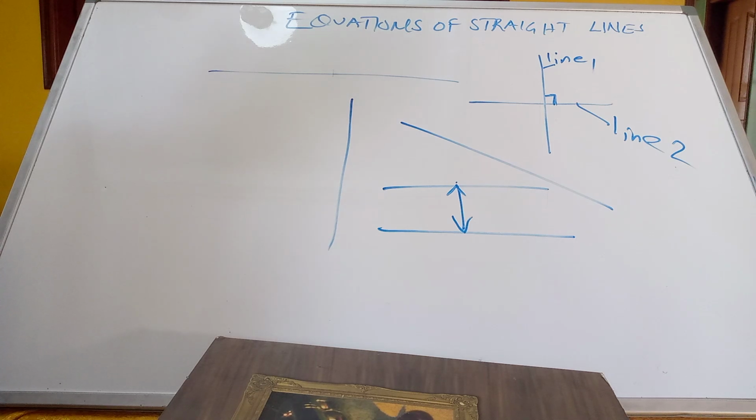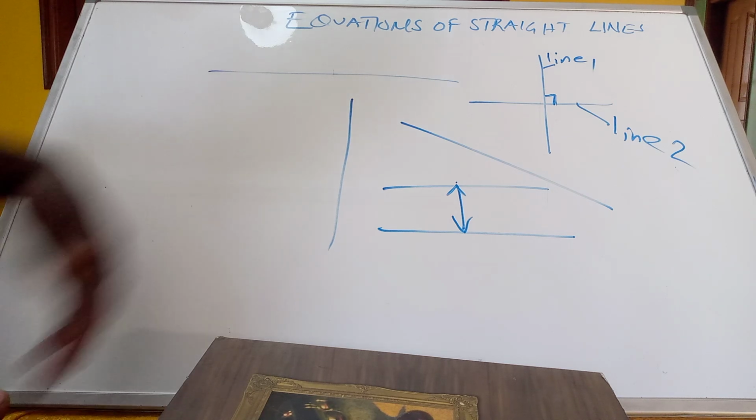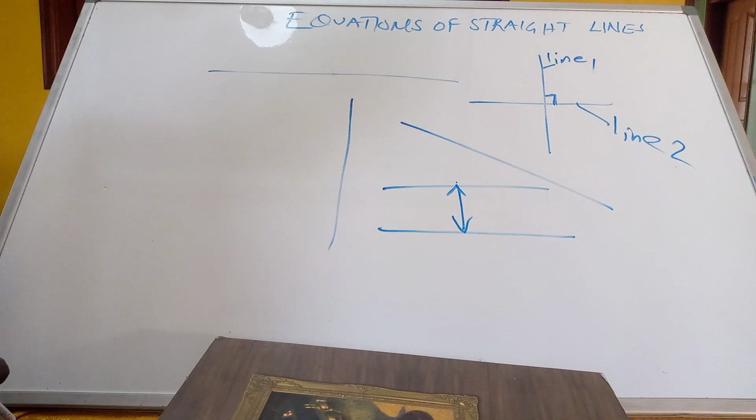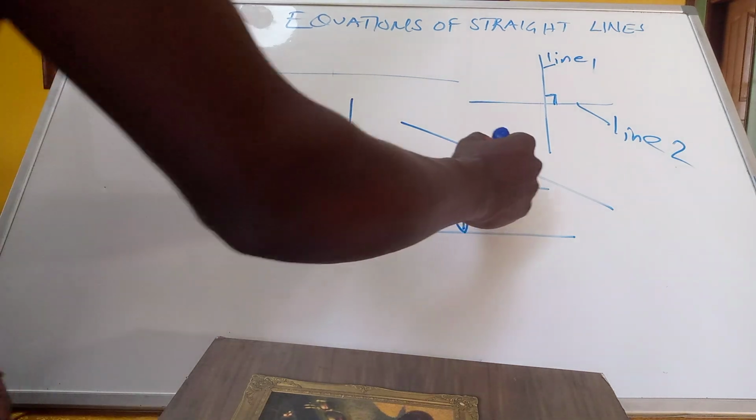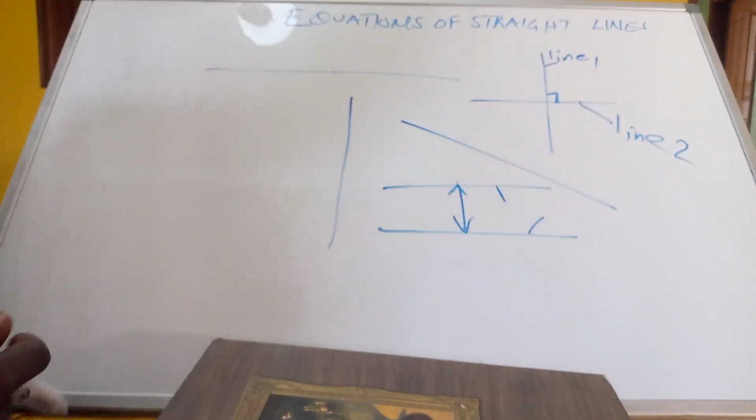Mathematically, we are to go deeper with time to understand the mathematical trick behind them. In terms of gradients, how are these two lines related?